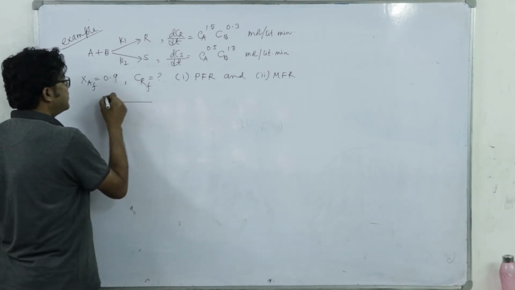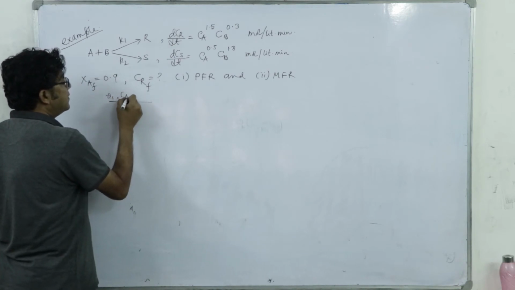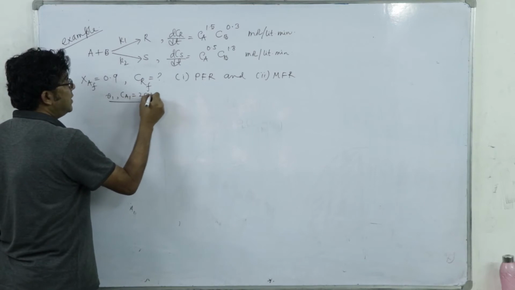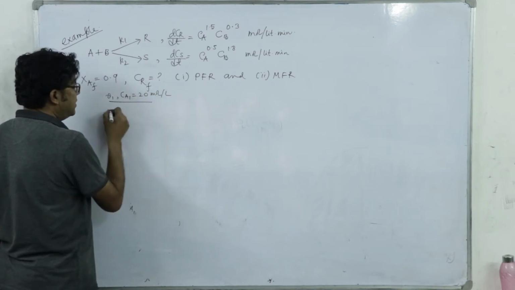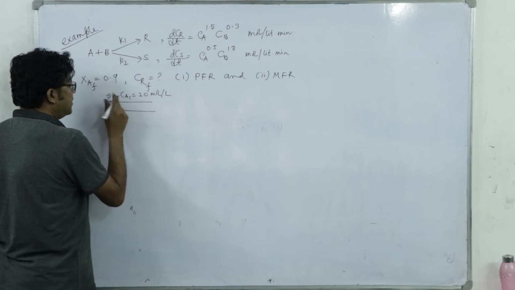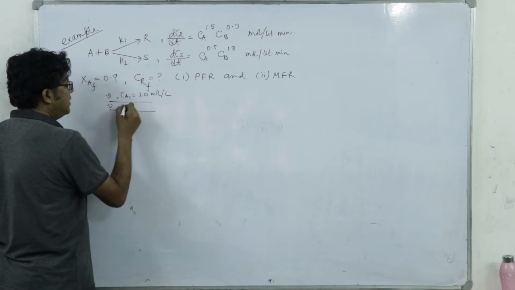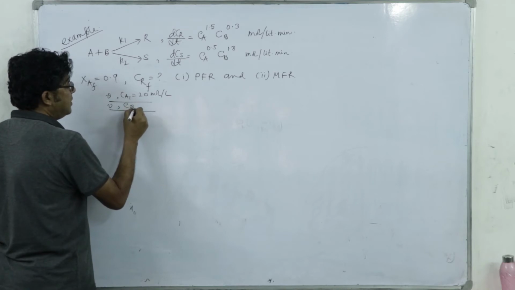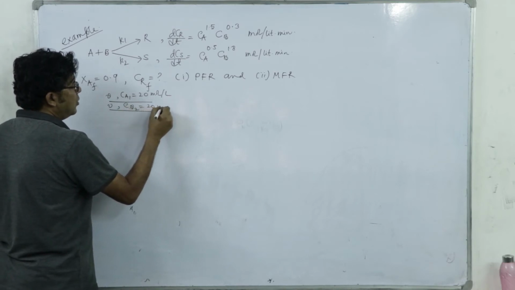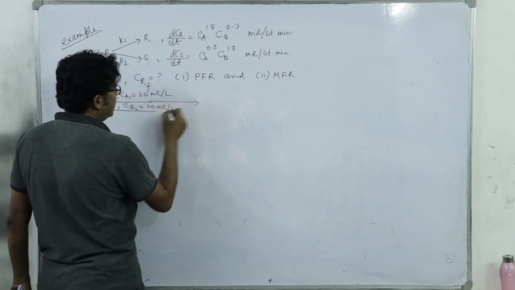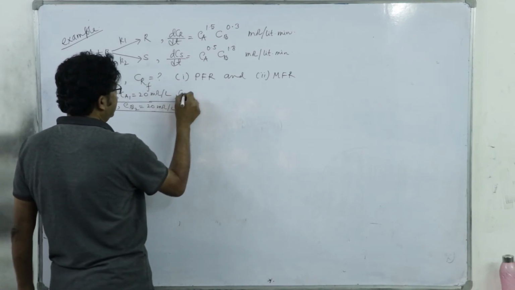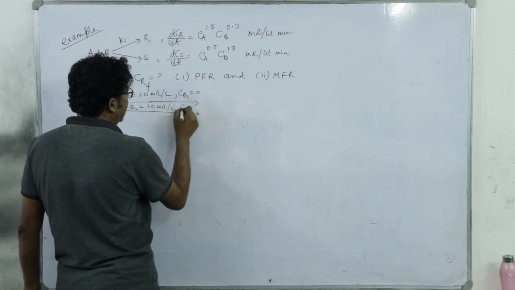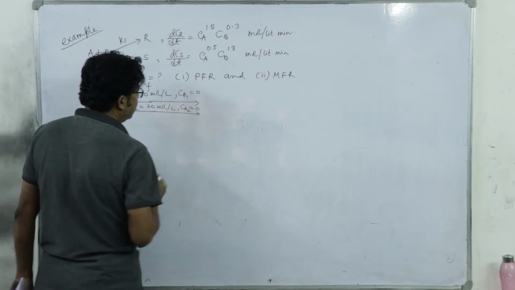So V Ca1 is 20 mole per liter here, and V Cb2 is 20 mole per liter here. Obviously here Cb1 is 0 and here Ca2 is 0.